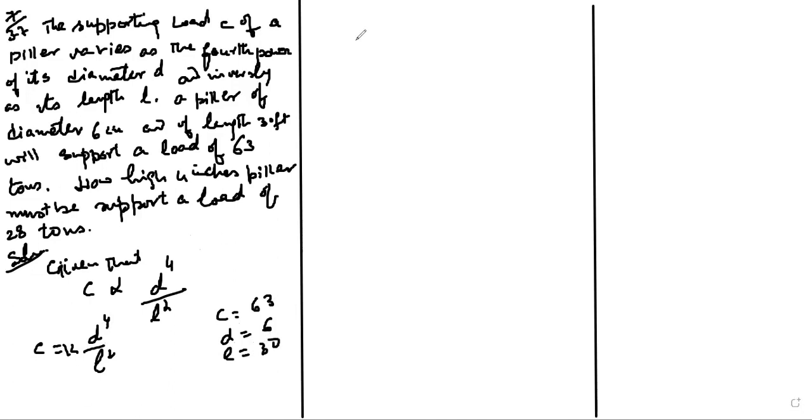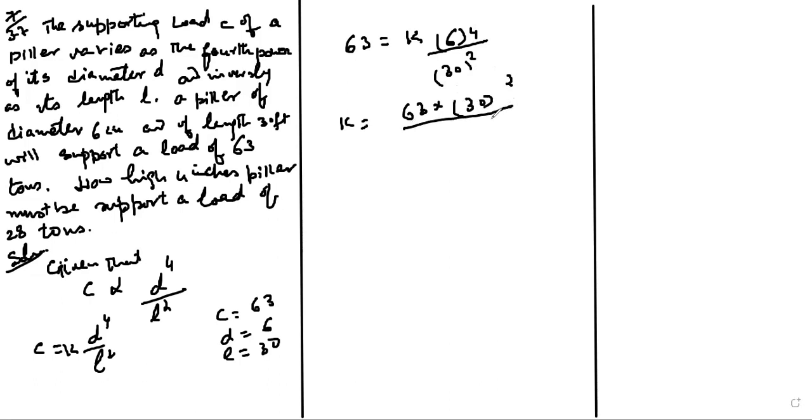Putting the values, 63 equals K times 6 raised to power 4 divided by 30 squared. So K equals 63 times 30 squared divided by 6 raised to power 4, which is 63 times 900 divided by 1296.